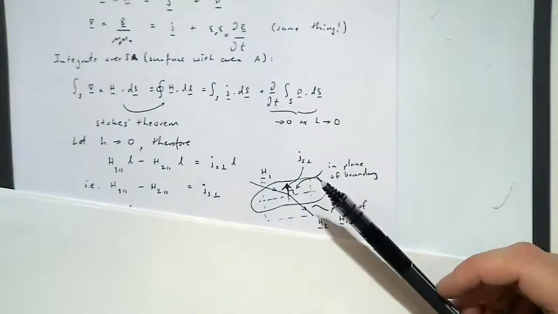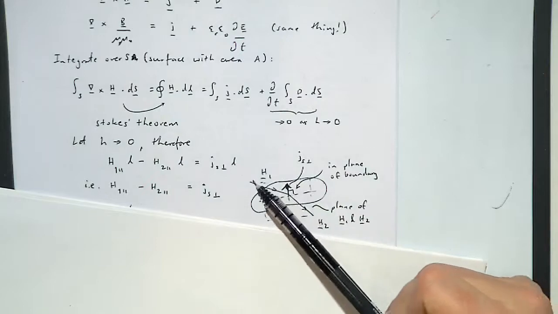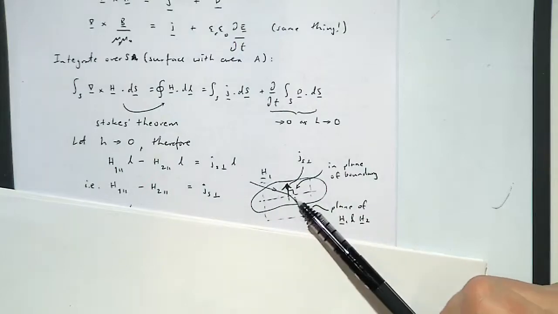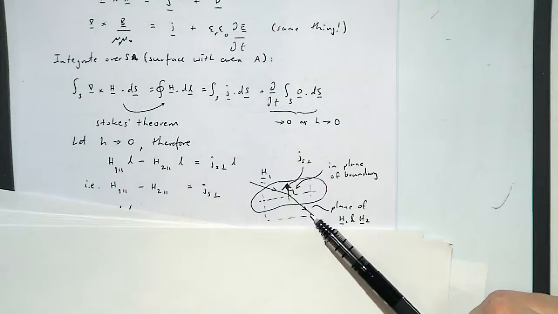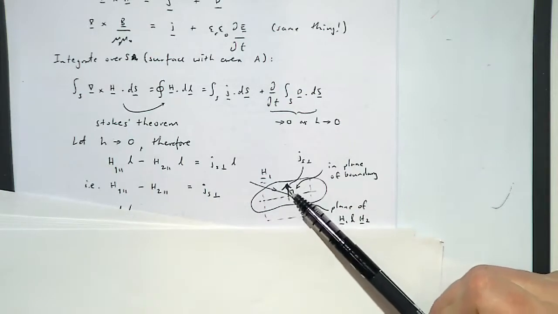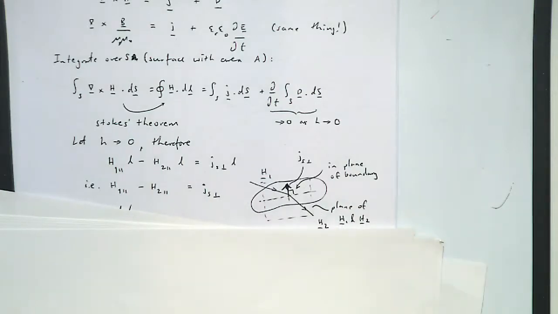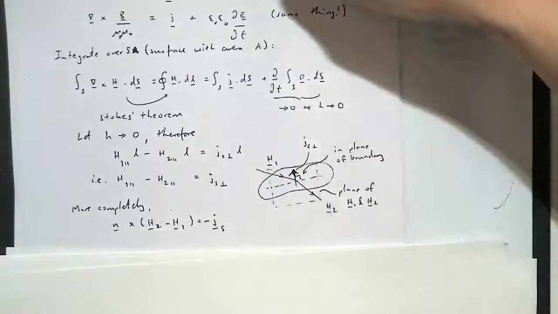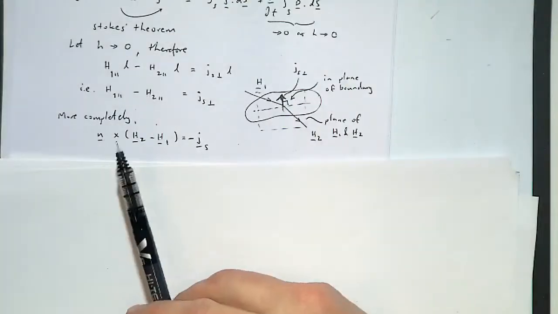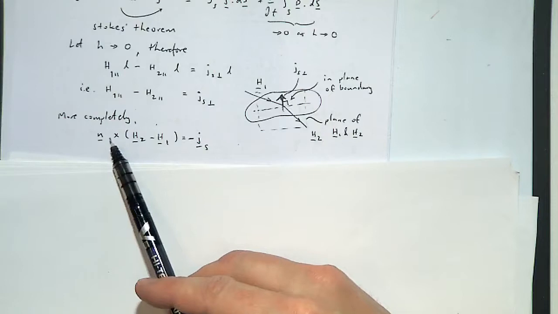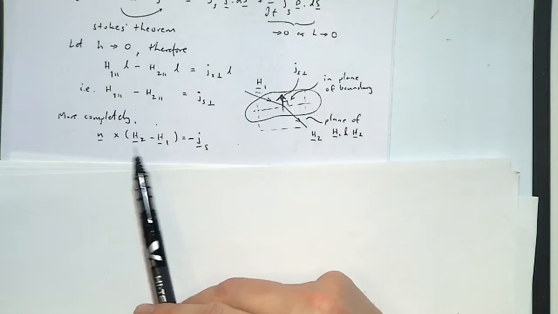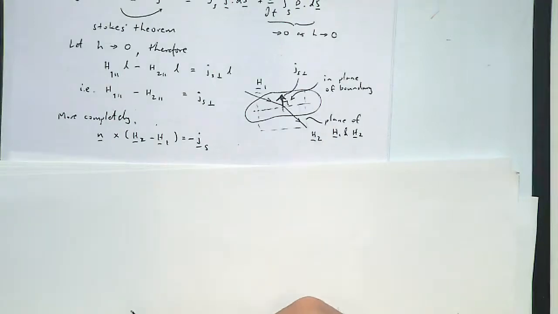So in general, if you have an arbitrary vector form of that, then the difference in H in any particular plane must be related to the current flowing perpendicular to that plane. So if we can draw a normal to some surface, we can relate the difference in H across the surface to that current.